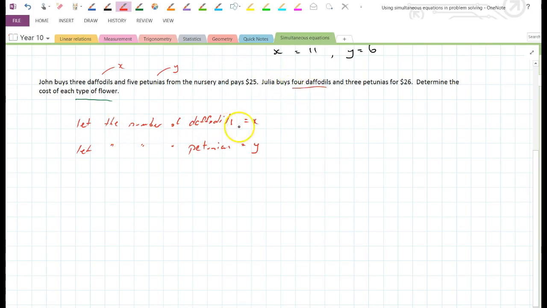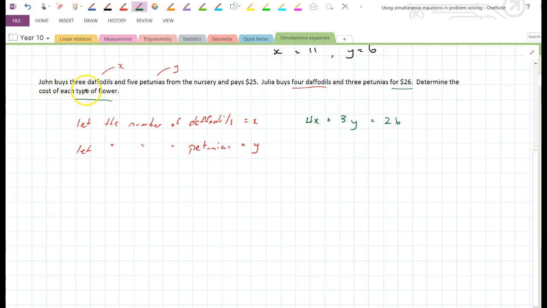Daffodils I'm representing with the pronumeral X. So 4 daffodils is 4X. And 3 petunias, that's 3Y. So 4X, 3Y. So 4 daffodils plus 3 petunias equals $26.